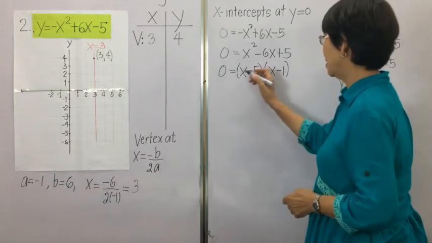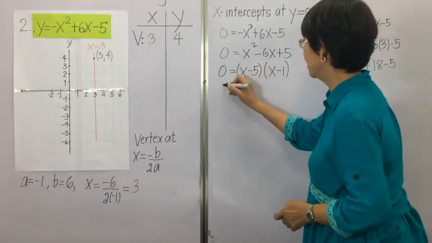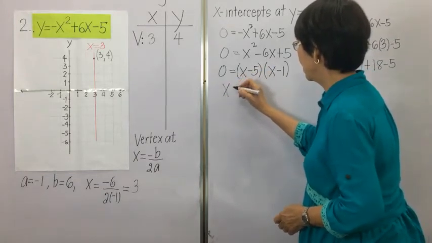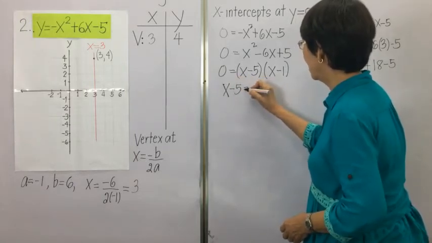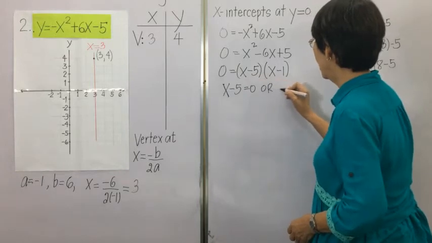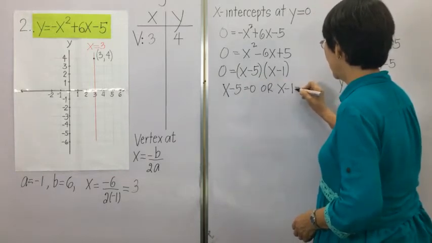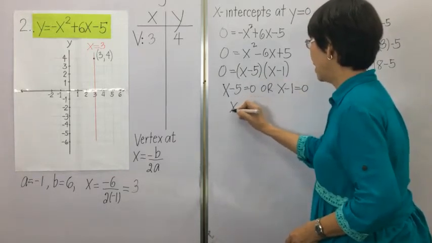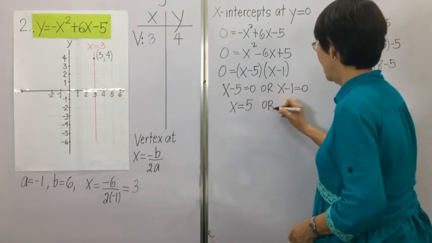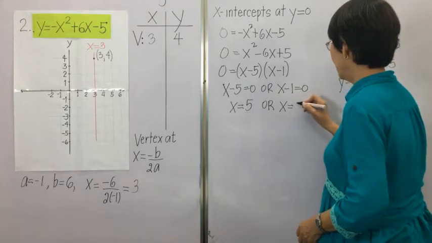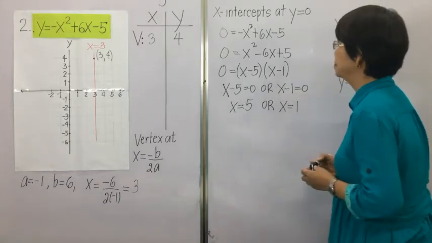So equating this to 0, x minus 5 equals 0, or x minus 1 equals 0. Therefore, x is equal to 5, or x is equal to 1.